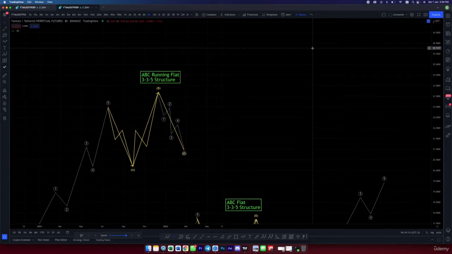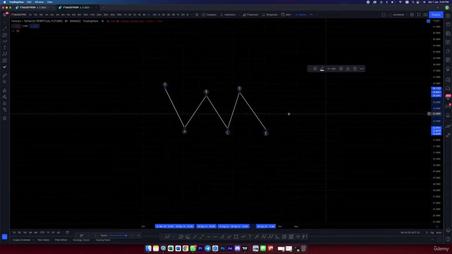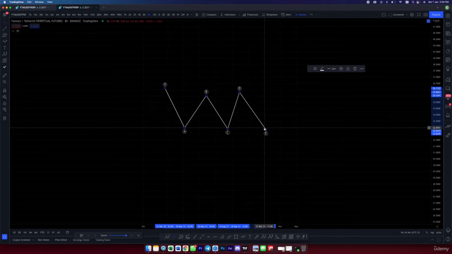There are some more. Sometimes what you will see is that instead of creating ABC, we see an A, B, C, D and E correction, meaning the market makes more corrective moves. And in this case, you will be able to see some triangular patterns. I will talk in terms of pattern because it will be easy to understand, but I don't trade based on patterns.